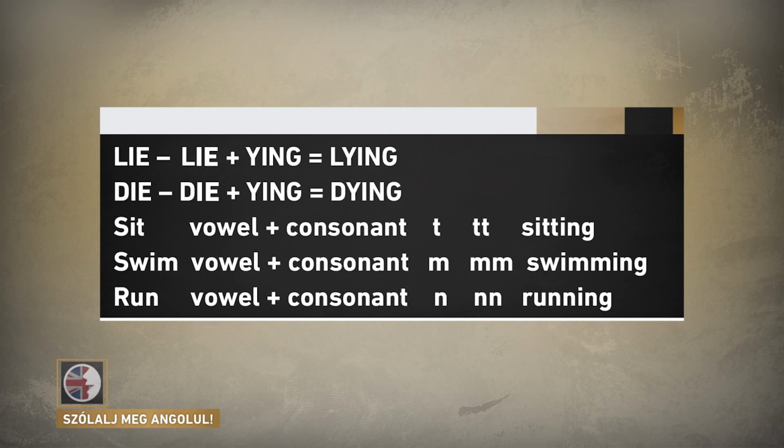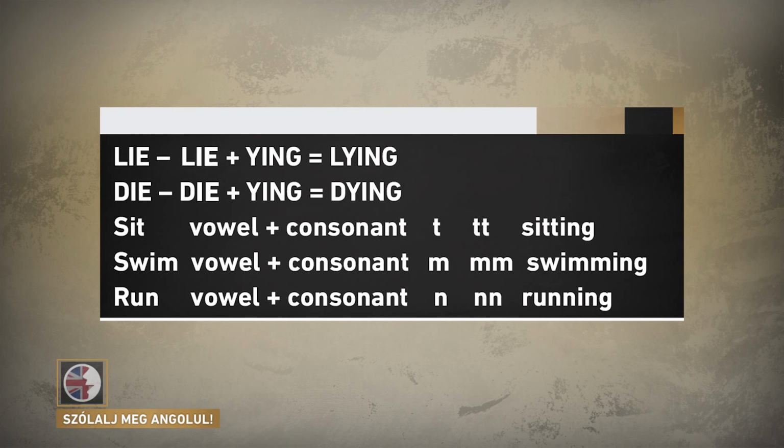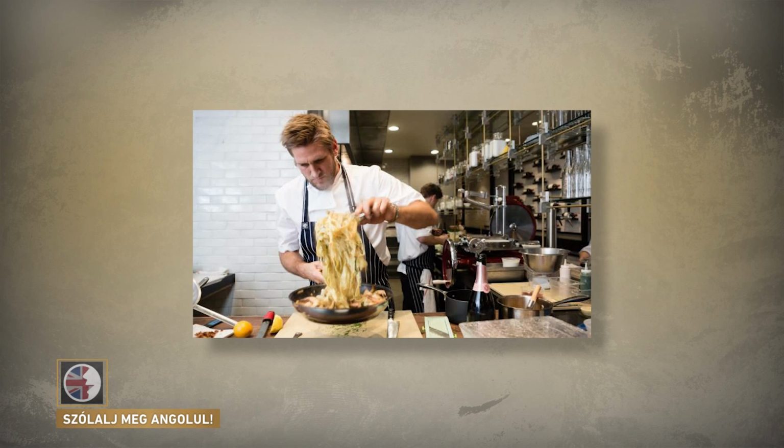And what's the third rule we have to remember? That's right. If the verb ends in vowel plus consonant, the last letter is doubled. You're sitting down. He's swimming. We're running. Right. Well, now let's look at the pictures and decide what the people are doing.